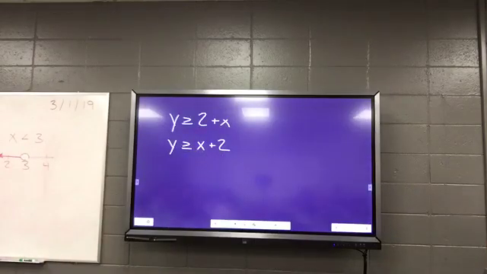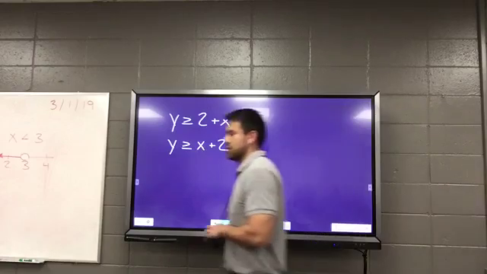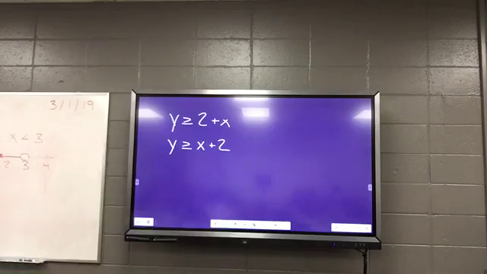I want something shaded in. And if you want to make sure, you can check it by putting an ordered pair from your solution in, to see if it works.